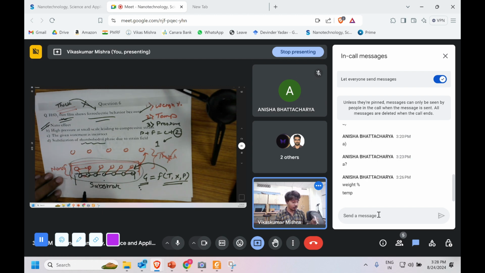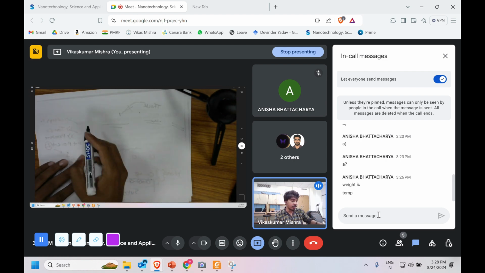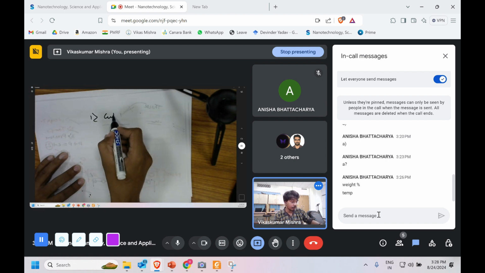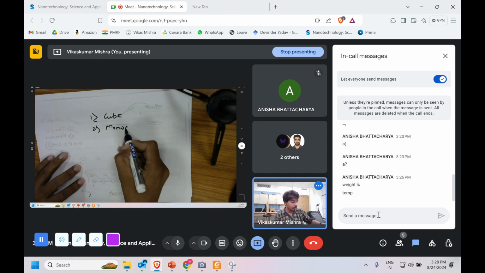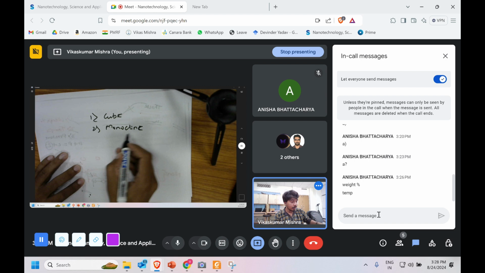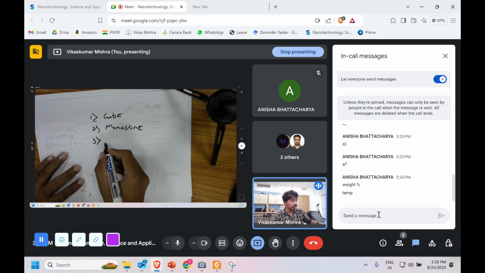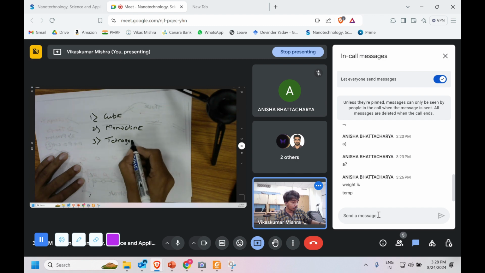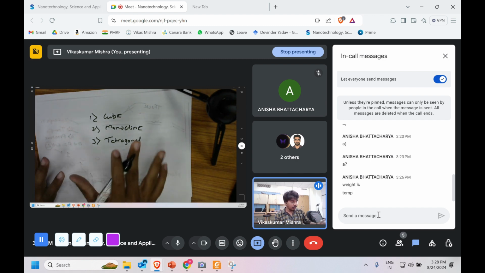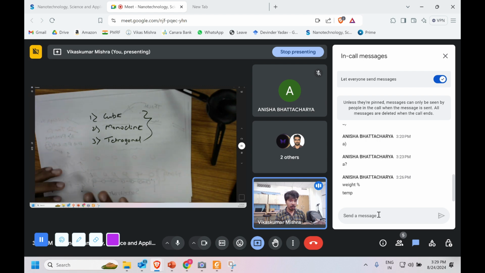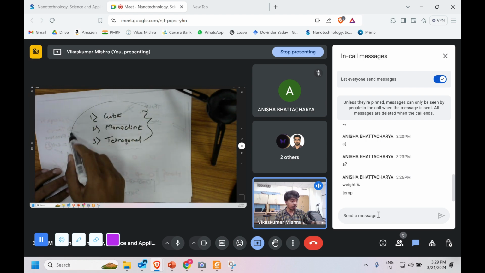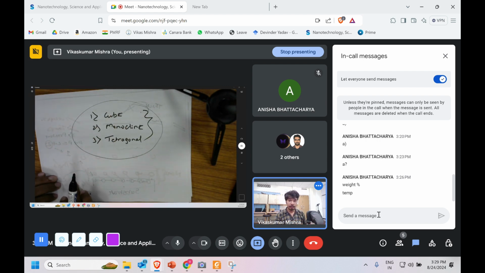Okay, so here see HfO2 usually exists in multiple phases. First one is cubic, then monoclinic, and it also exists in the tetragonal. At normal pressure, when we are not increasing the pressure, you will see these particular types of phases in HfO2.